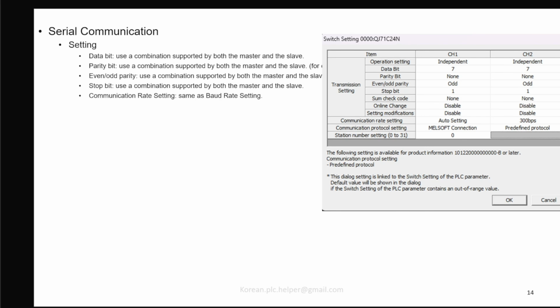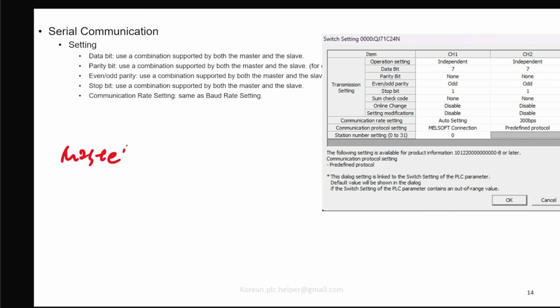When parity is enabled, either odd parity or even parity can be selected. This setting must match between the master module and the slave module.